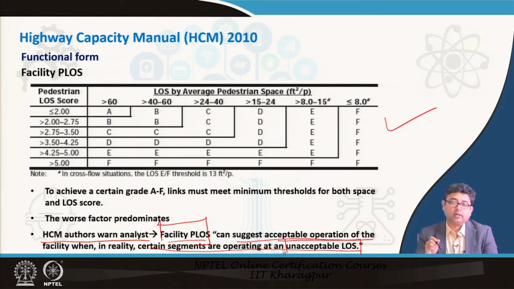If you have to know the micro level, then you have to calculate the link or the intersection pedestrian level of service scores in order to identify very pertinent spatial changes in your network. Okay. So, the facility scores may not always be representative of the individual level of service along that facility. You have to be careful when you are depicting a pedestrian level of service of the entire facility.